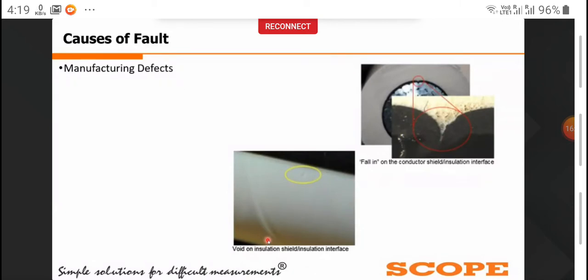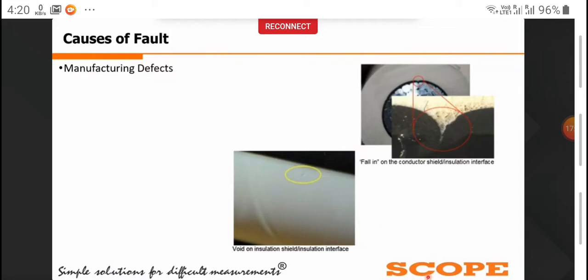In the next slide, we will see the different causes of faults. The first one is the manufacturing defect. At the time of manufacturing of the cable, if some voids, moisture, or contaminants remain in the cable, then after the time of service they undergo partial discharge, meaning they slowly develop water trees and electrical trees in the cable.